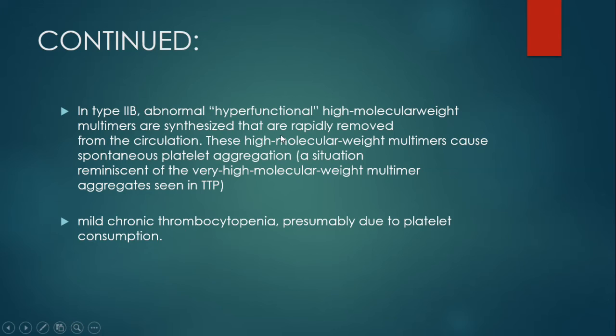These multimers cause spontaneous platelet aggregation, a situation reminiscent of the very high molecular weight multimer aggregates seen in TTP, thrombotic thrombocytopenic purpura. So in type 2B, there is an abnormal formation of VWF that is hyperfunctional, meaning it can lead to aggressive platelet aggregation.